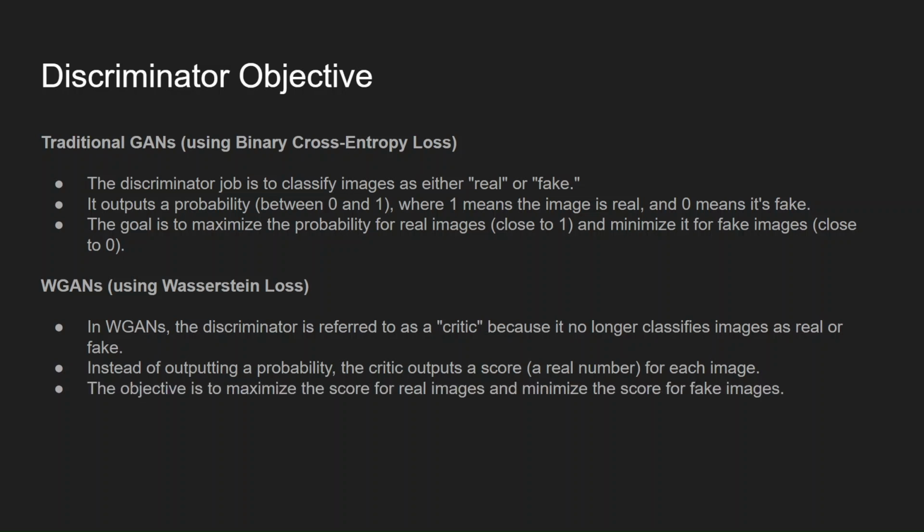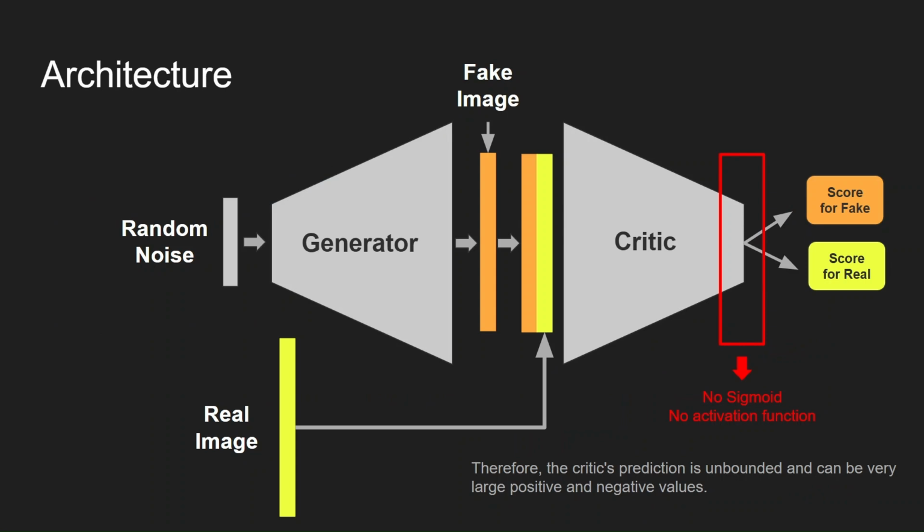The objective is to maximize that score for real images and minimize that score for fake images, and this score reflects how real the critic believes an image is. The architecture of WGAN is very similar to standard GAN, but instead of outputting probabilities, it outputs a score, and there is no sigmoid or any other activation function on the last layer.